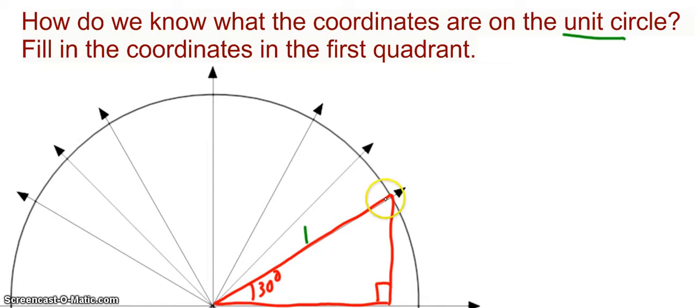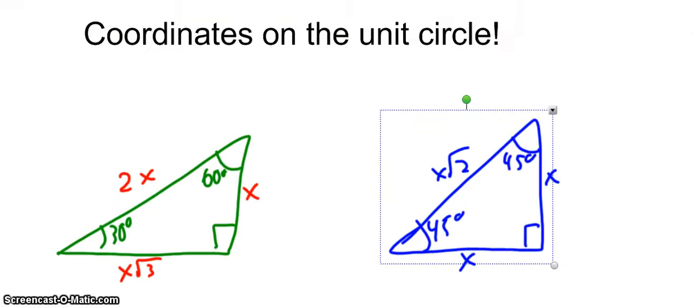So I know the hypotenuse of this triangle here is 1. And so if we go back to looking at this, well, if the hypotenuse 2x equals 1, what does x have to equal? x has to equal 1/2. And then what would x root 3 equal? Well, that would be 1/2 root 3.